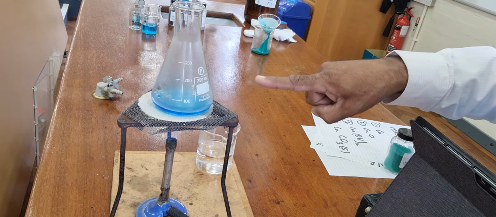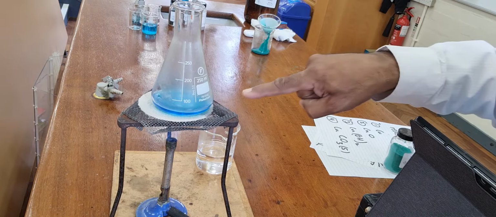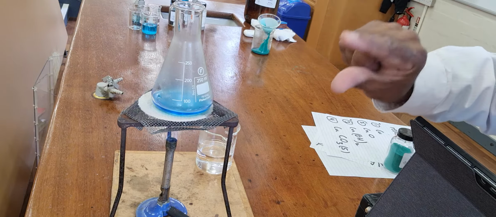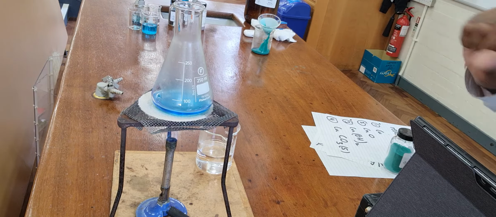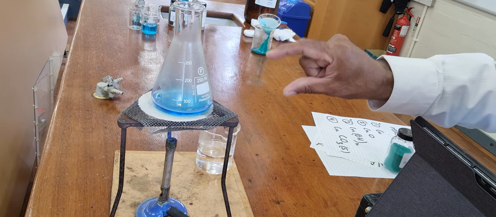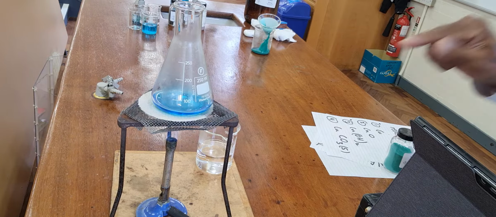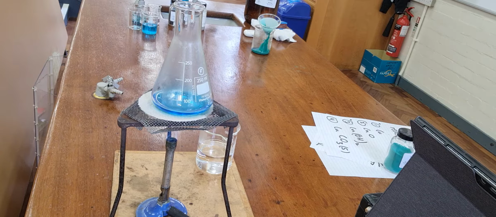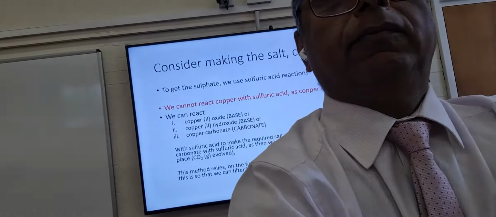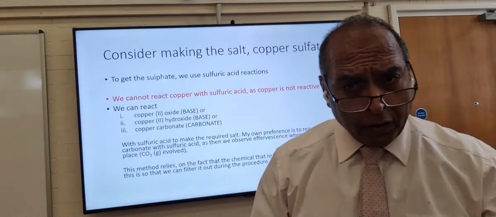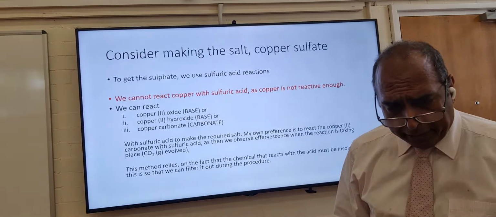The idea here is that we boil off the water. We boil off the water to concentrate the copper sulfate. Now normally we boil off about half the volume. So we're going to keep it there and heat it until half the volume has boiled off. And when it has, we'll come back to it. So we'll come back to that and we'll finish the method.